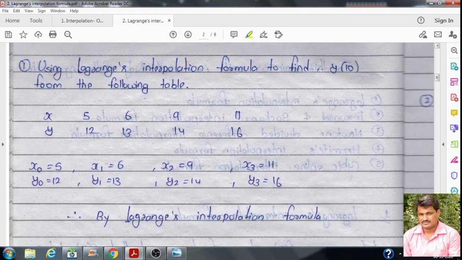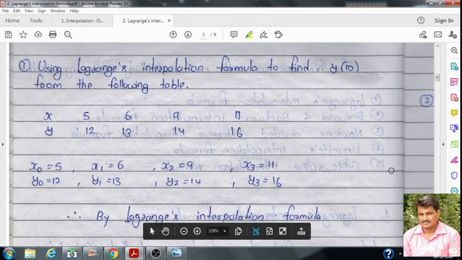This is example number 1. Using Lagrange's interpolation formula, find y of 10 from the following table. Okay, we have given the question, use Lagrange's interpolation formula to find the value of y at x equal to 10.